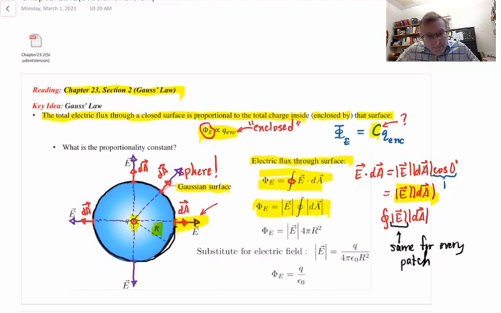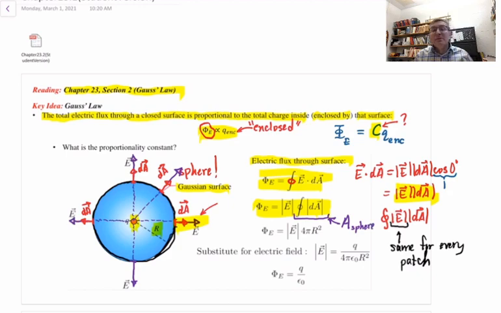Don't overthink it. It's add up over the closed surface all the little areas of all the little patches that make up the surface. But wait, that is not hard to conceptualize what that will be. If I add up over the spherical surface all the areas of all the little patches that make up the surface, I will just have the surface area of a sphere.